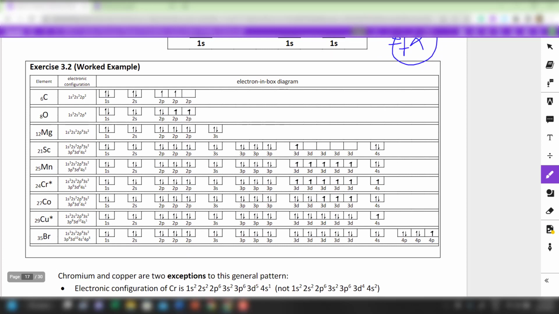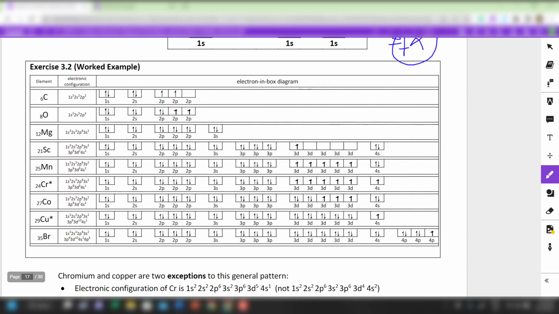And then we have exercise 3.2, which is a worked example. I don't think you need me to go through them, but please work them out on your own. Understand how the electronic configuration is written, and how the electron in a box diagram is written as well.